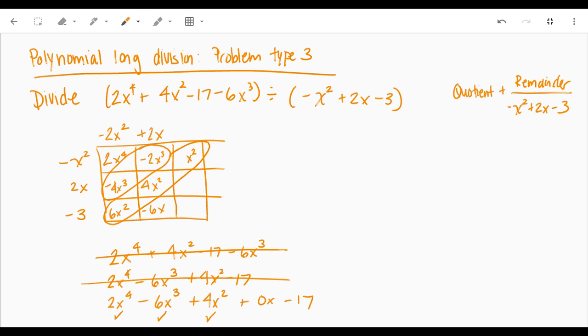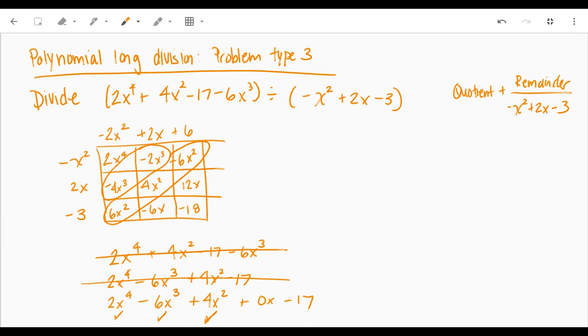So I have 10 x squareds, and I only want 4, so I'm going to do a negative 6. And that will give me the 4x squared that I want. So then I need up top just a positive 6. That positive 6 times the negative x squared gets me the negative 6x squared. Then I'll have 12x here, and then I'll have negative 18 here.